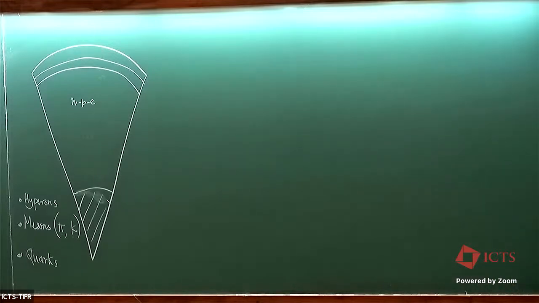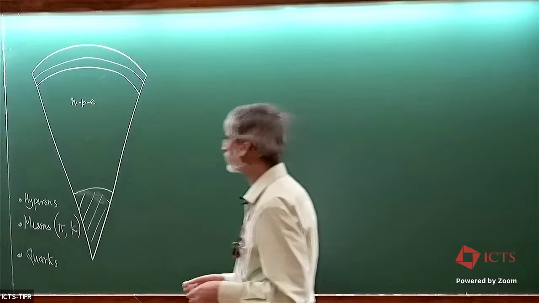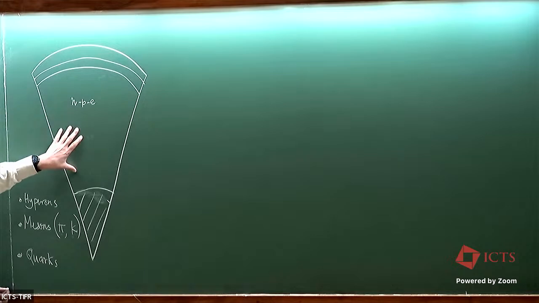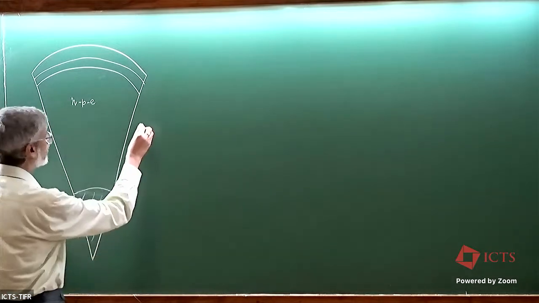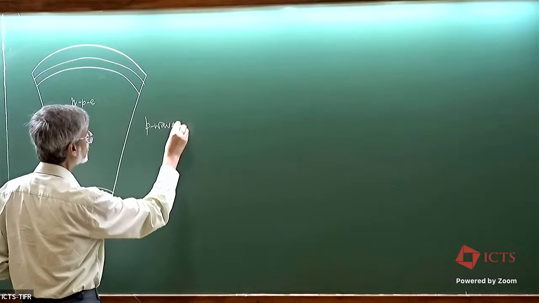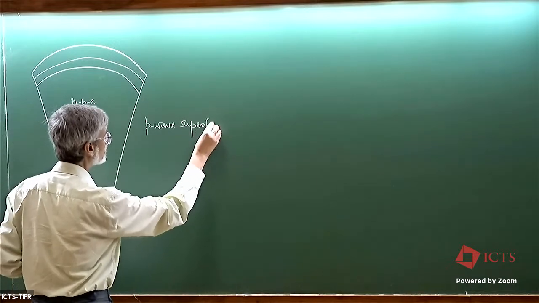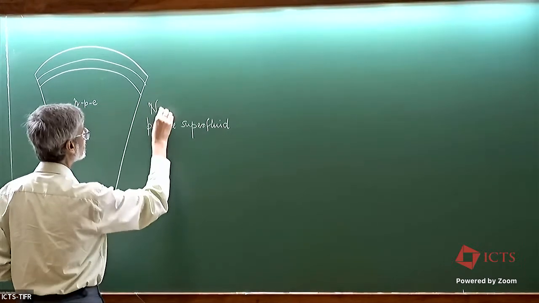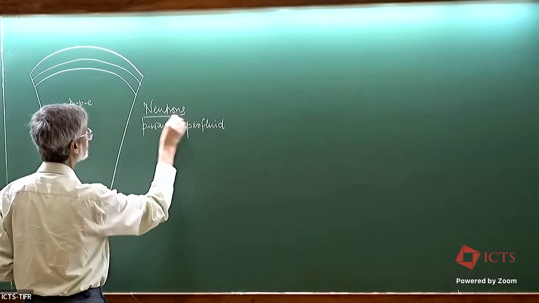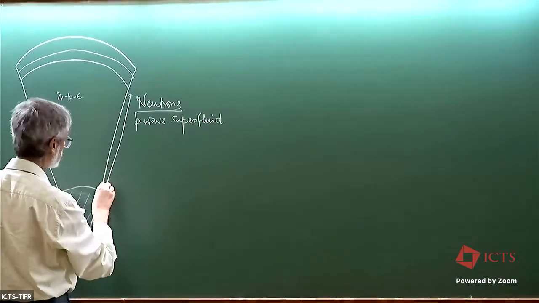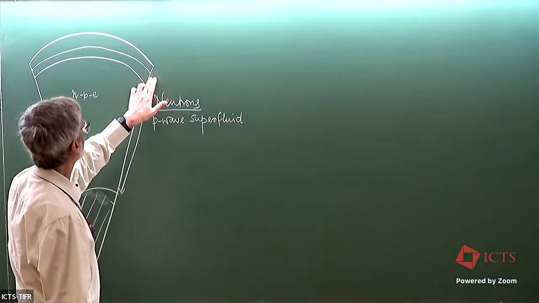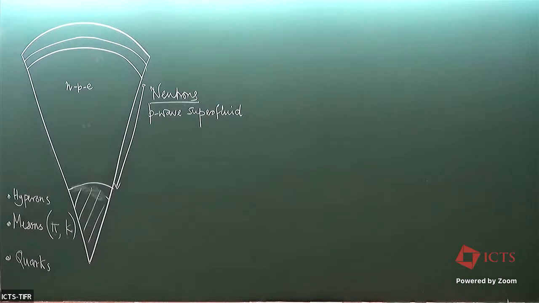So people have looked at this, and the verdict is that the neutrons in the core form a P-wave superfluid in this region. But recall that there are also free neutrons in the inner crust, and the temperature is below the transition temperature for them too.